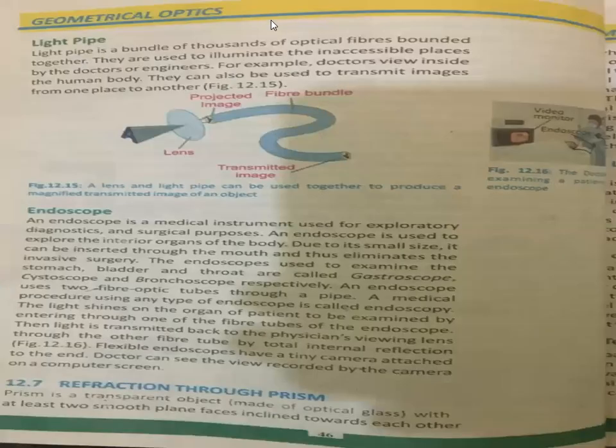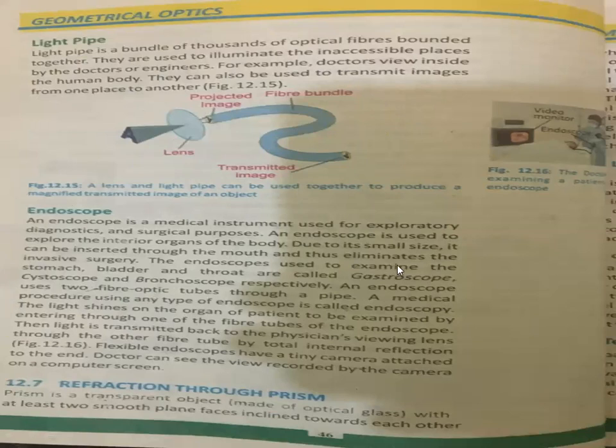The doctor uses the light pipe to examine the different organs in our body, to examine whether they are in bad condition. So instead of using invasive surgery, they don't go for surgery. They use this endoscope procedure to examine the internal organs of the body.